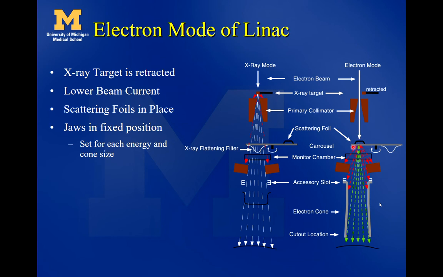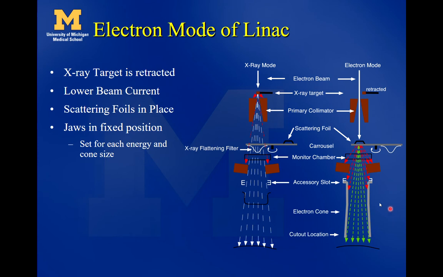It will scatter these electrons through the monitor unit chamber and the jaws and down towards the cone. And the way I've diagrammed it here, all of the electrons following these red paths are stopped by the cone or the jaws or something like that. And all the electrons along the green path are able to come all the way down through the cone and make it to the surface of our patient.